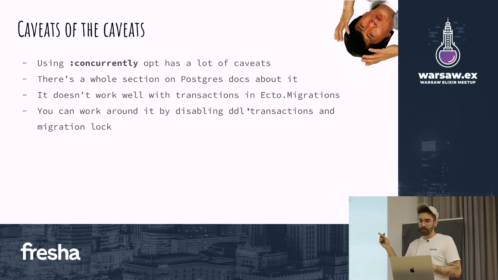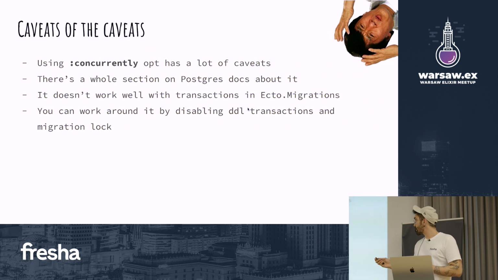On Ecto and Elixir, using concurrently doesn't go well with Ecto migration transactions, so it doesn't really work. If you try to create an index concurrently in a migration, Ecto is going to complain and it's not going to work properly.